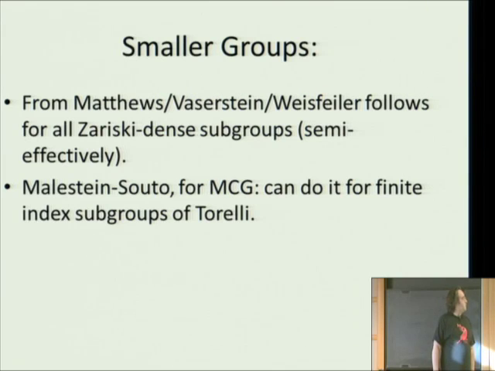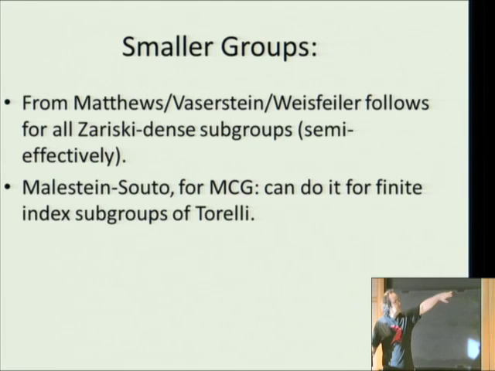So the other direction that, again, I've kind of touched on and other people have developed along is a kind of effective one. One thing about this Zariski dense thing is, in fact, you can prove the following result, that generating a Zariski dense subgroup is a generic condition.